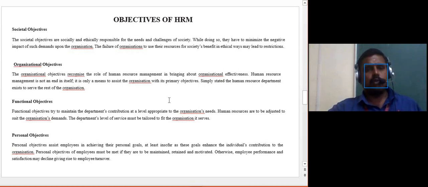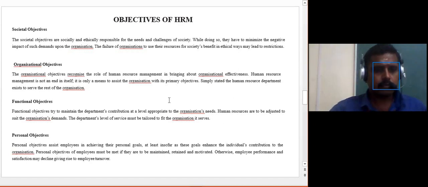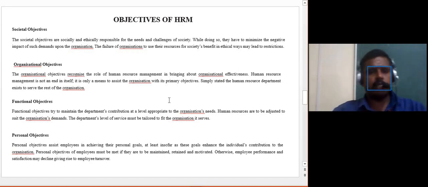Next, let us move on to the objectives of human resource management. There are four main objectives of human resource management practices. The first one is called the societal objective. The societal objectives are to be socially and ethically responsible for the needs and challenges of society.